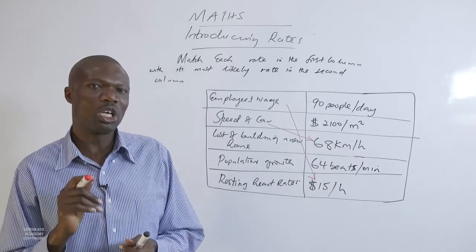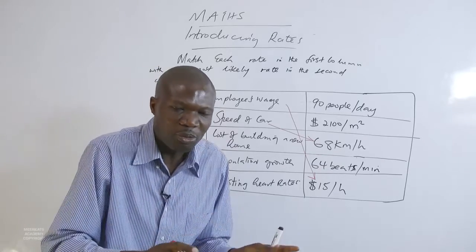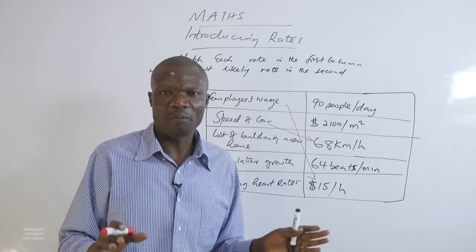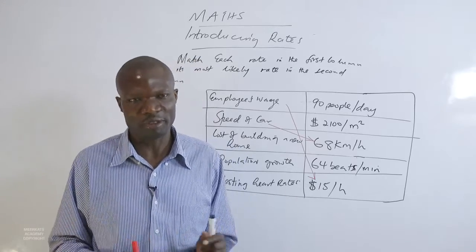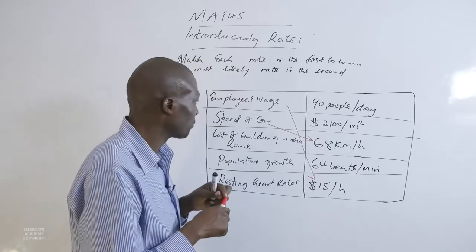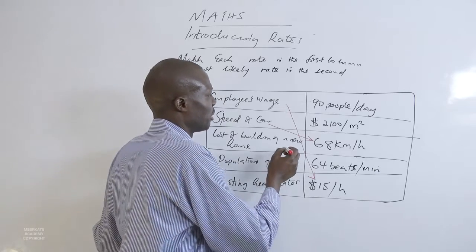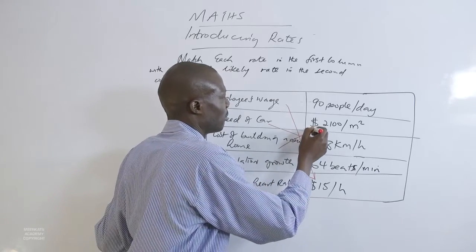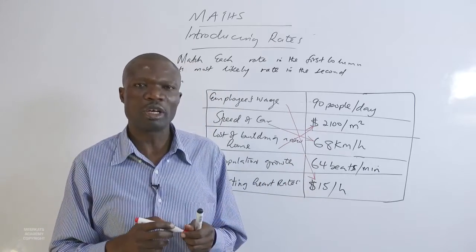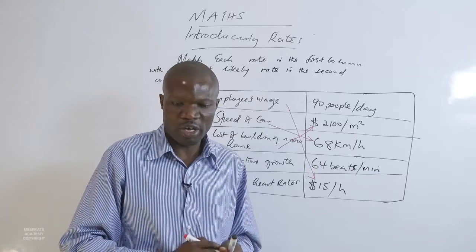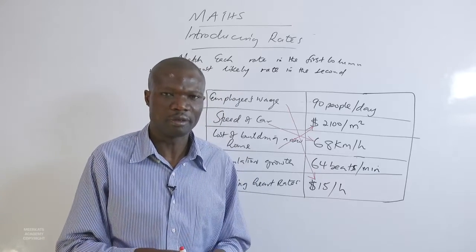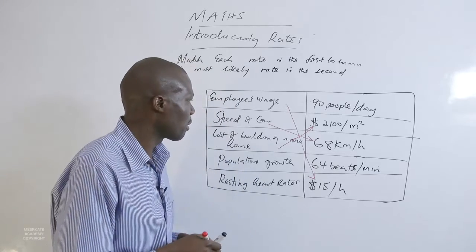That simply means we shall look at how much we are spending in certain square centimeters or square meters. So, cost of building a home will be matched with $2,100 per square meter. That's what you shall say.